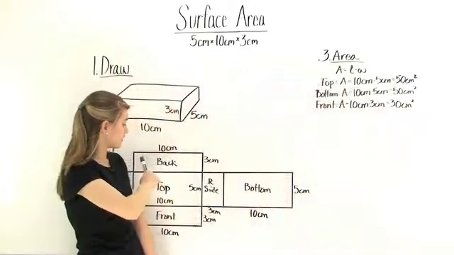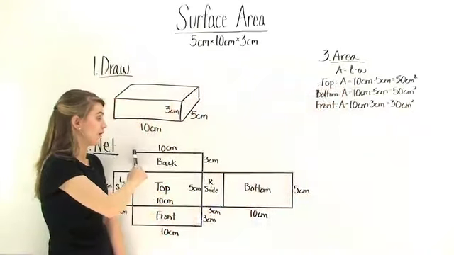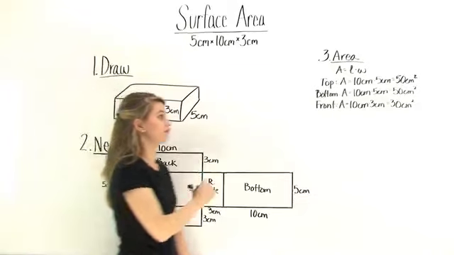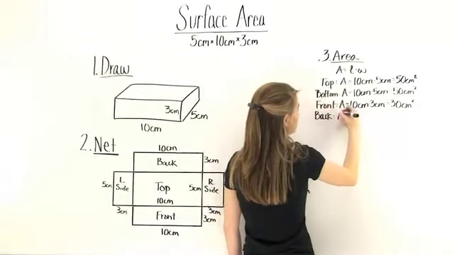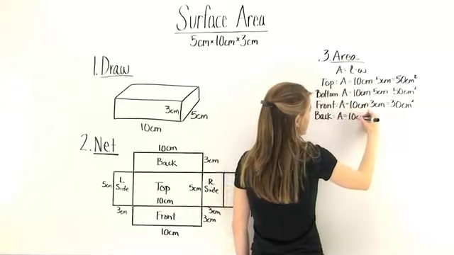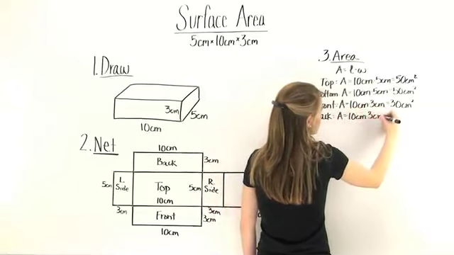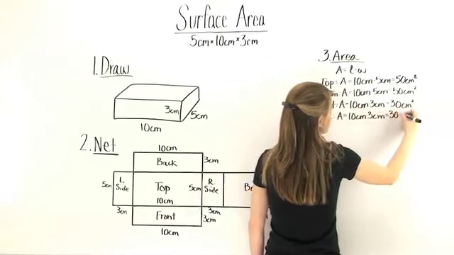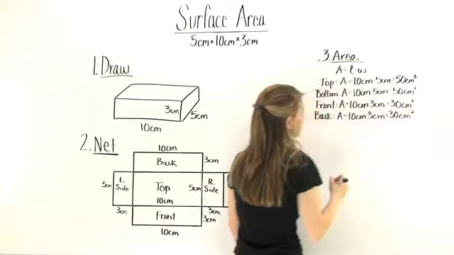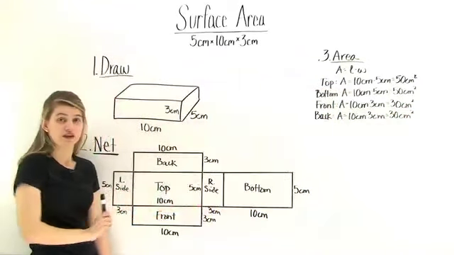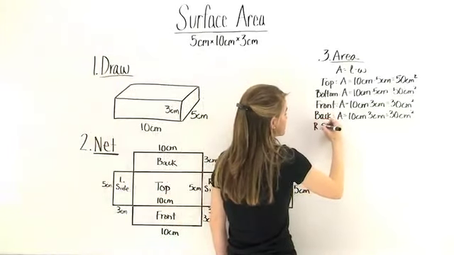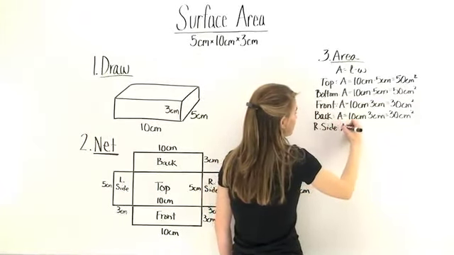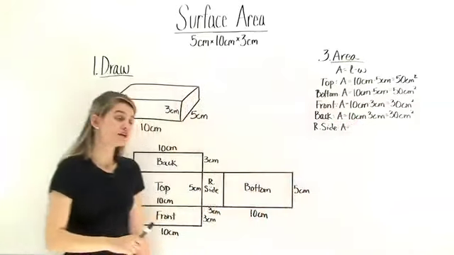Now let's look at the back. Again, we have 10 centimeters by 3 centimeters. So to get the area of the back rectangle, we multiply 10 centimeters by 3 centimeters, which is just equal to 30 centimeters squared. Lastly, we have the right and left side rectangles. Let's take a look at the right side first. To get the area of the right side rectangle, we multiply length times width.